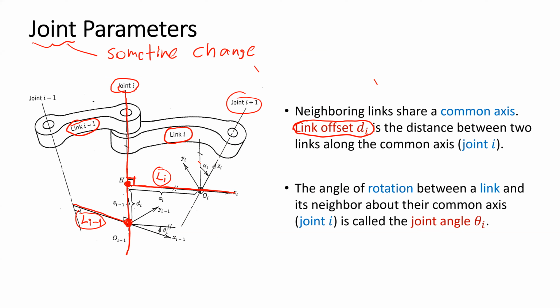This is link I. The link I minus 1 is the mutual perpendicular between joint I minus 1 and joint I. The link offset is the distance between this line and this line along the joint axis. It means the link offset is this distance.